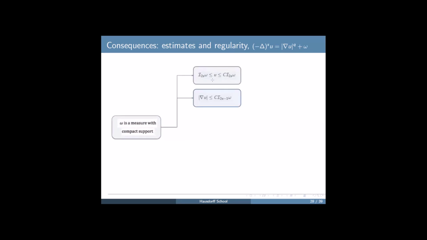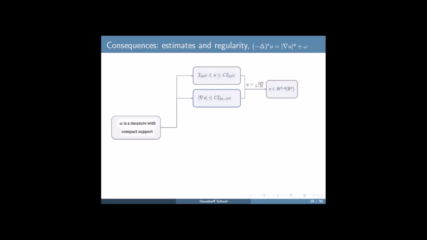The function u is bounded by the Riesz potential of order 2s of omega in this way, so it can be controlled from below and above by the potential. And also the gradient of the solution u can be controlled by the Riesz potential of order 2s minus 1 of omega.